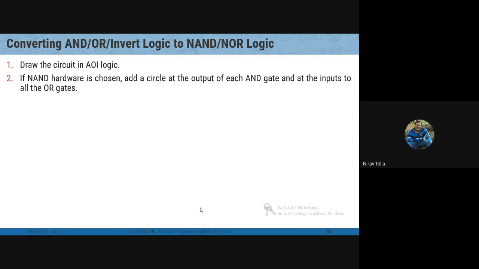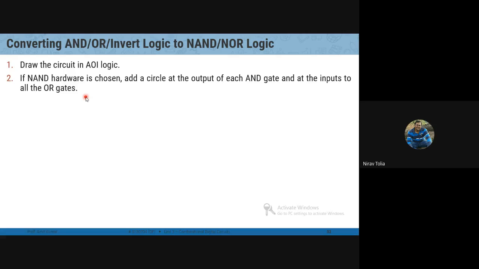Then, to implement that answer by using NAND gates, you have to put a circle, or a bubble, at the output of each AND gate in your circuit, and at the input of each OR gate in your circuit. Now what is a bubble? A bubble is nothing but simply a NOT gate.